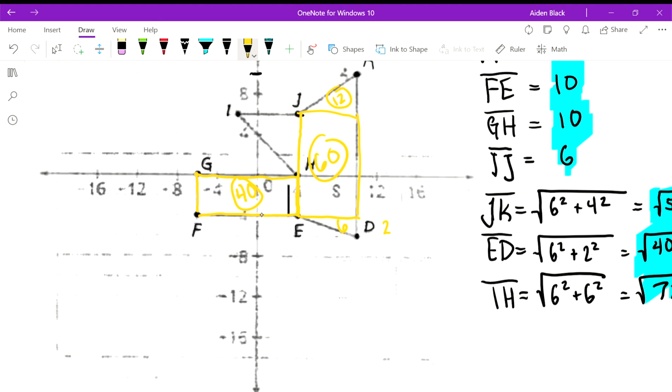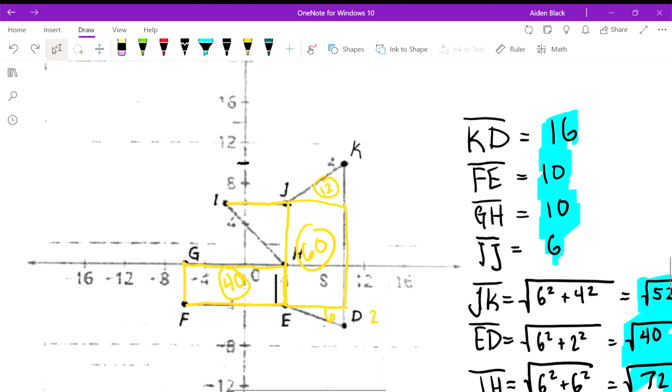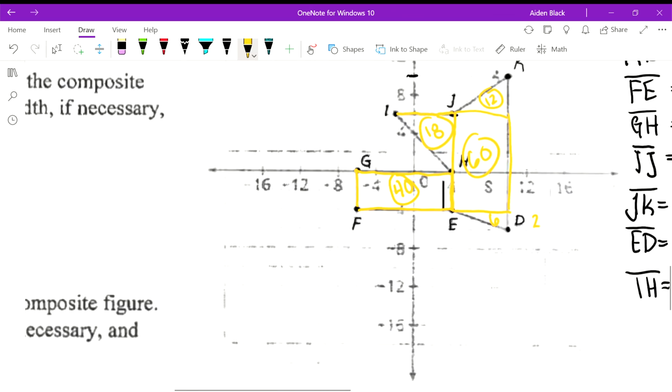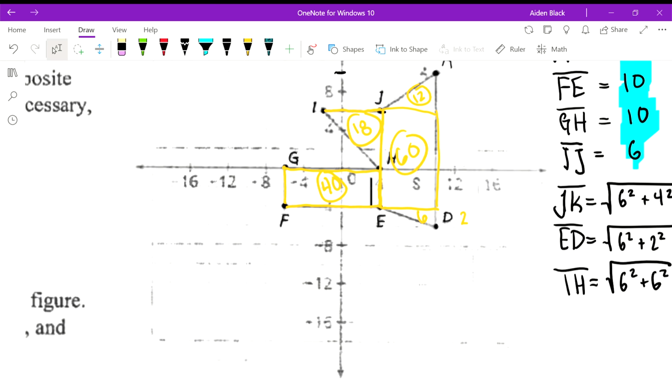And then finally we have this one right here. Our length right there, we have it written down. IJ is 6. So 6 times 2, 4, 6. 6 times 6 divided by 2 is 36 divided by 2, which is 18. Great. So now we have that area. All we have to do to calculate the whole area is just add all these areas up.